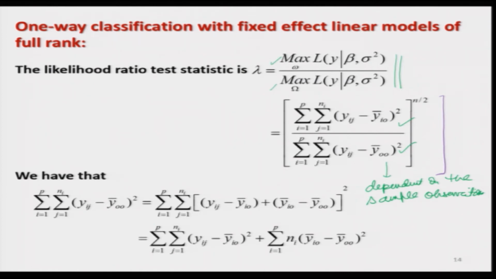But the problem is how are you going to compare it? You want to accept or reject a hypothesis, so you need at least one more value by which you can compare this computed value and decide whether you are going to accept the hypothesis or not. For that you need to find the distribution of this lambda. So our basic objective is that we simply want the distribution of this likelihood ratio test statistic, but the question is how.